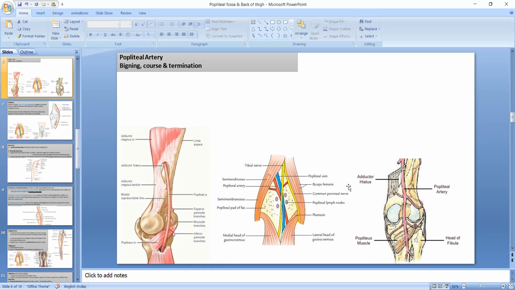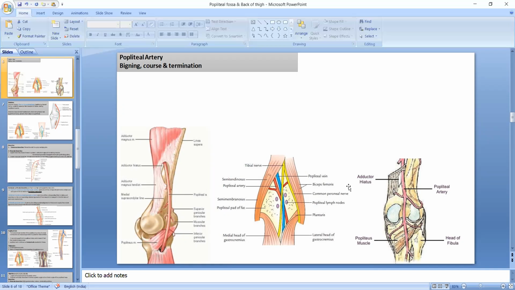The popliteal artery, a continuation of the femoral artery, enters the popliteal fossa by passing under the semimembranosus muscle. It travels through the fossa inferiorly before entering the posterior compartment of the leg.